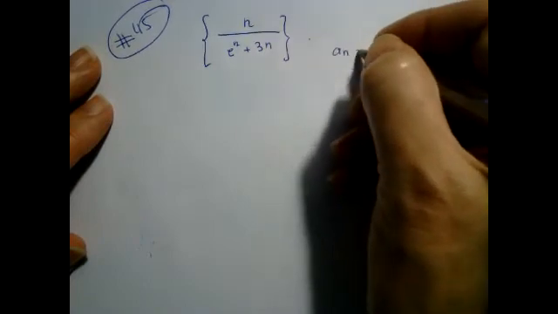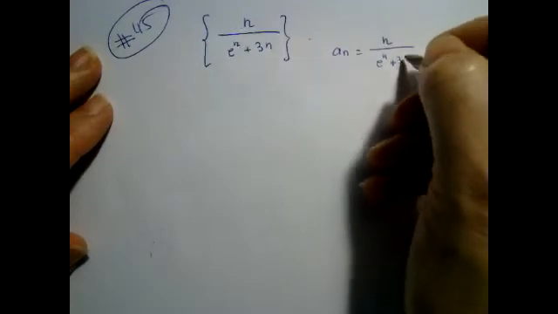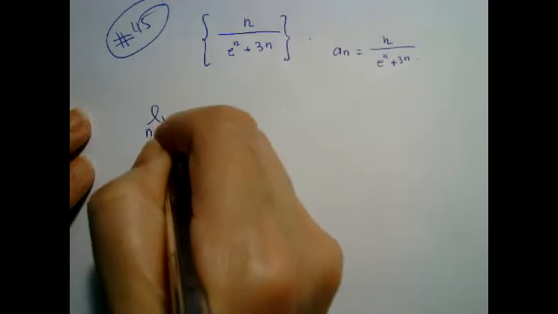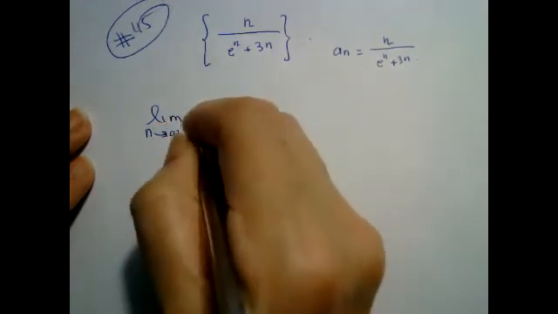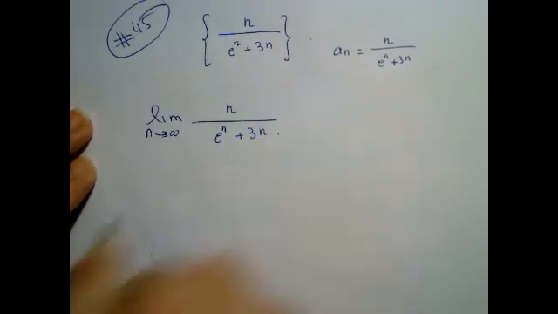And so the general term of the sequence is n over e to the n plus 3 to the n. And we have to compute the limit of the ratio. And then we have to analyze this thing. All right.